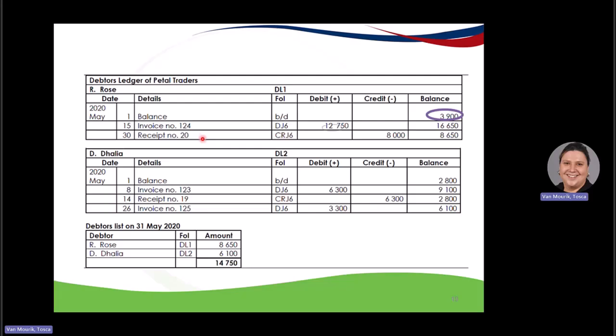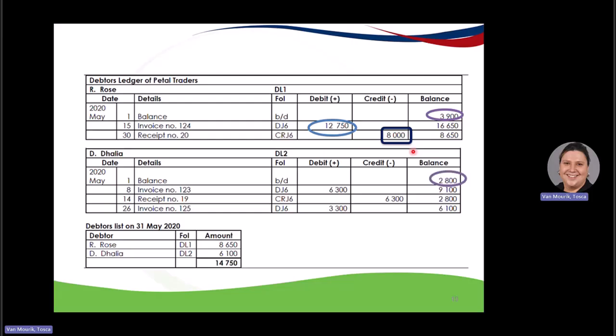Then they also paid 8,000 Rand. Let's think about it. The moment they pay, they owe us a lesser amount of money. When they owe us less, our trade receivables will decrease. It is an asset, and assets decrease on the credit side.